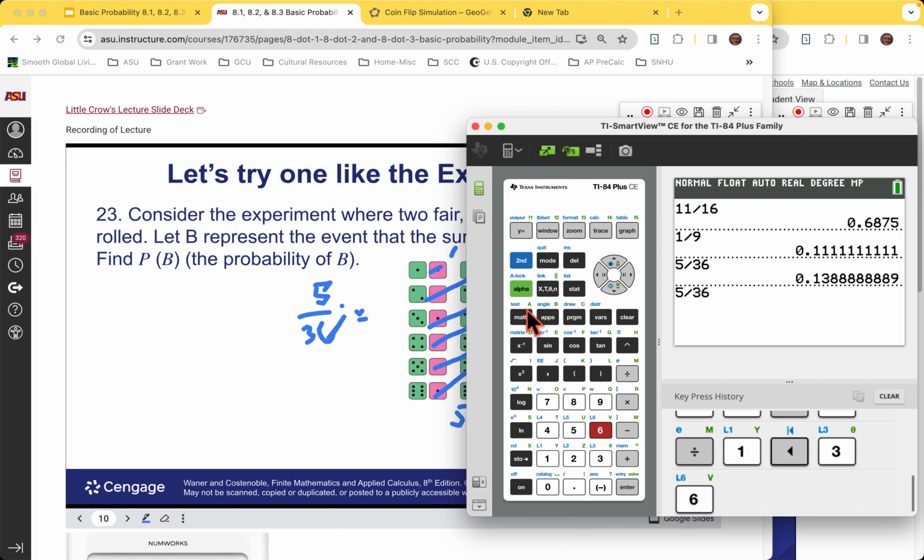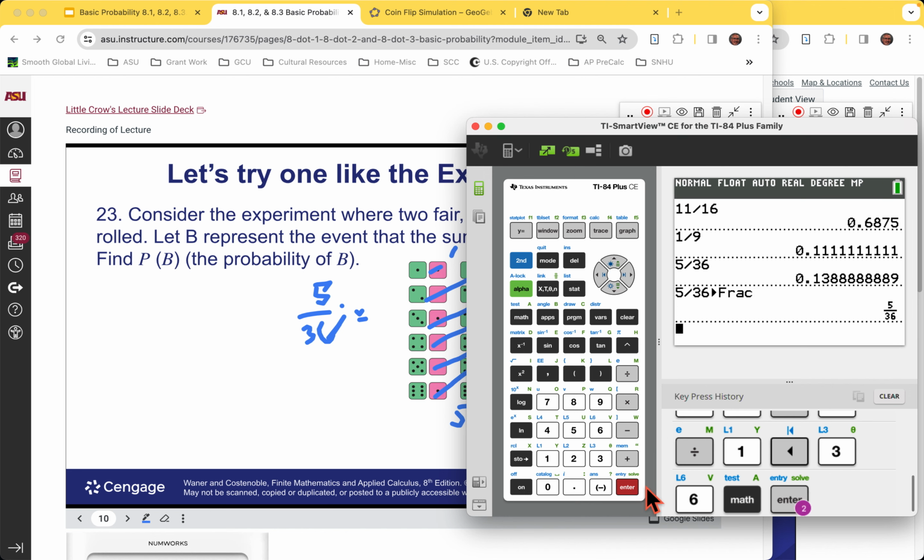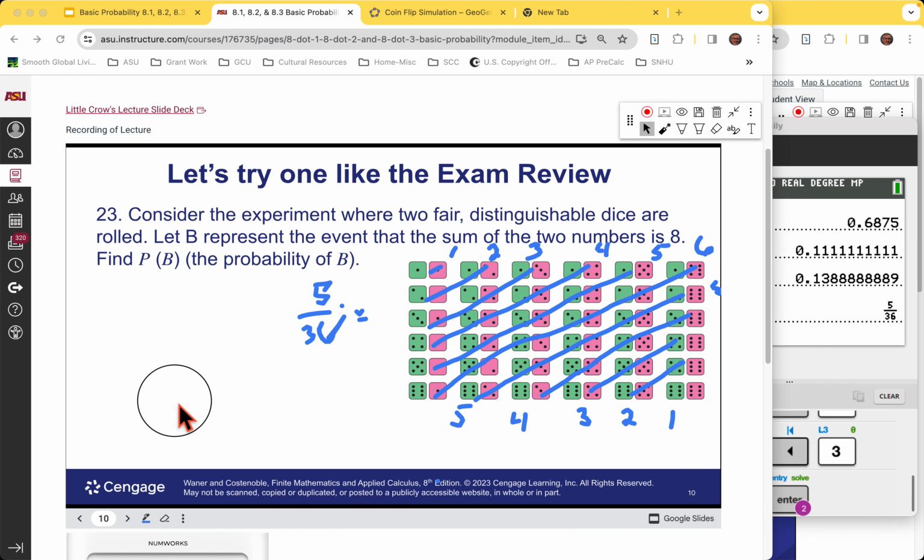And then if you go to your math key and fraction, if it reduces, it will reduce it for you. So we don't have to worry. Sometimes the hardest thing is remembering how to work with fractions, or remembering the tools that you have to work with fractions. I know this is reduced now, okay? But if it wasn't reduced, it would reduce it for me. So far, so good.